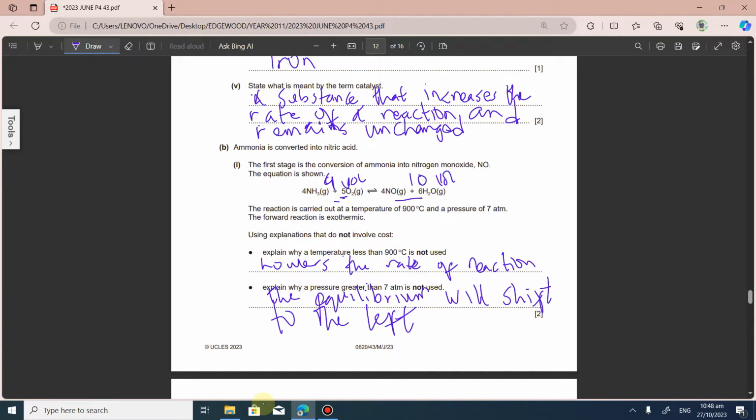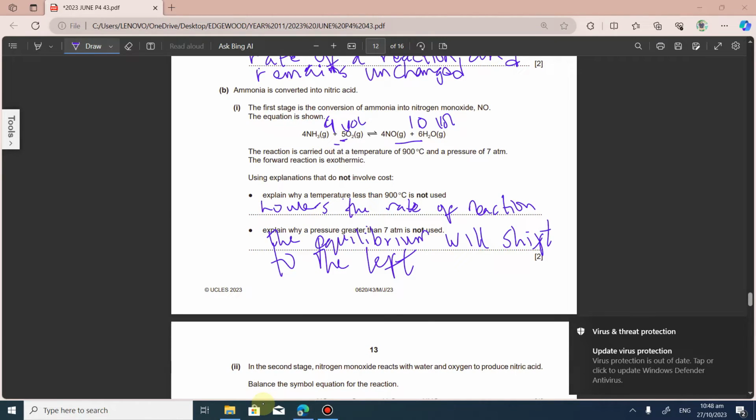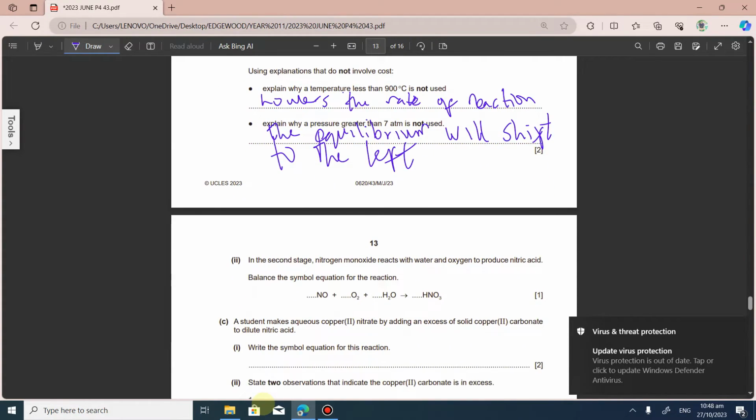So we want the reaction to shift to the right. We want the equilibrium to shift to the right. So when you use a pressure that is greater than this 7, it will simply favor the reactant and it will shift to the left. Okay, so that is why a pressure greater than 7 is not used, because we want to have more products and not more of the reactant. Right. So I believe that is understood.